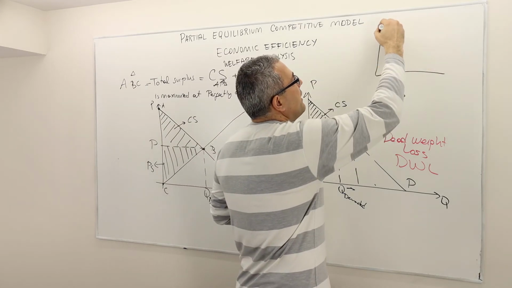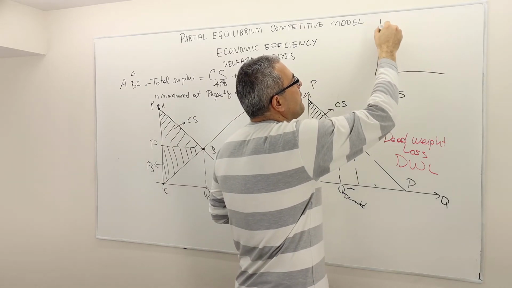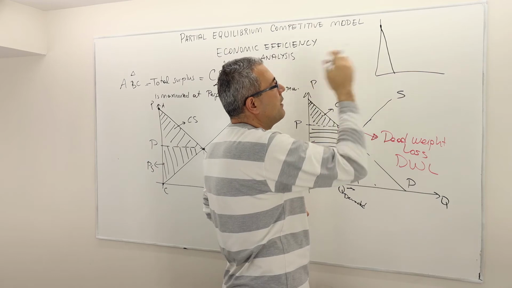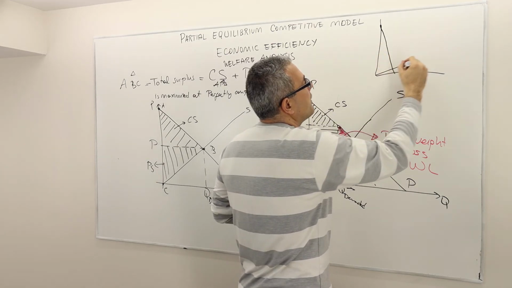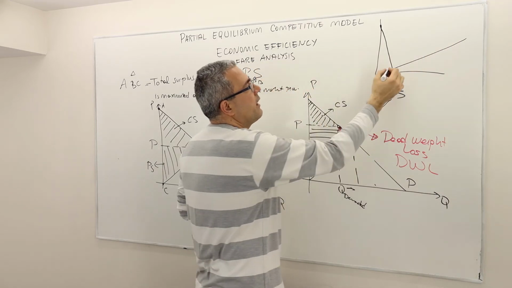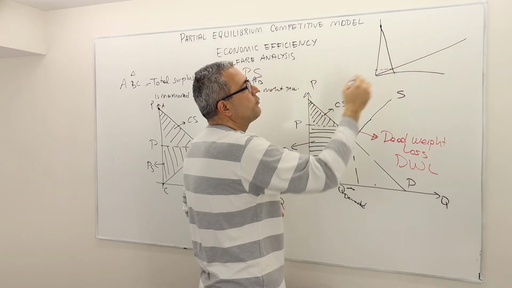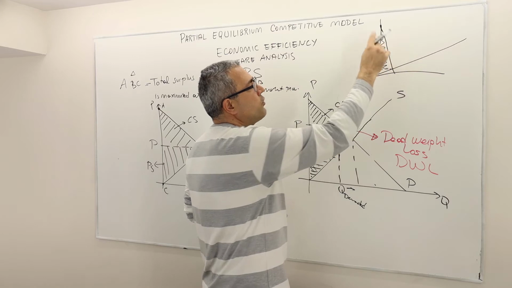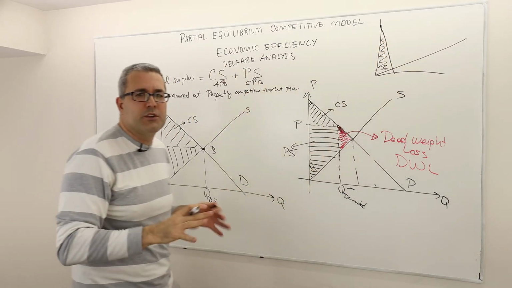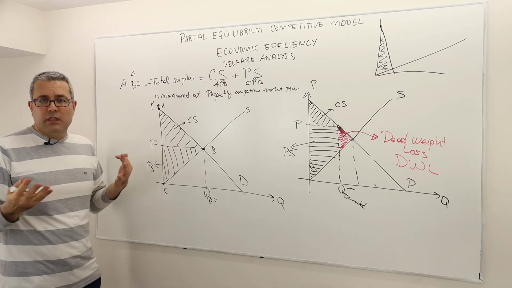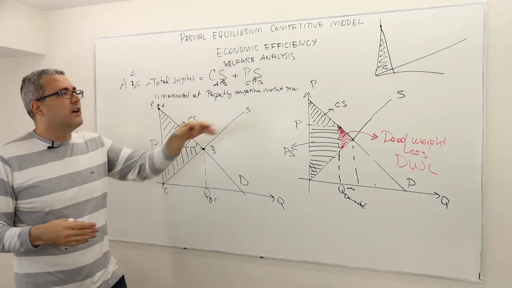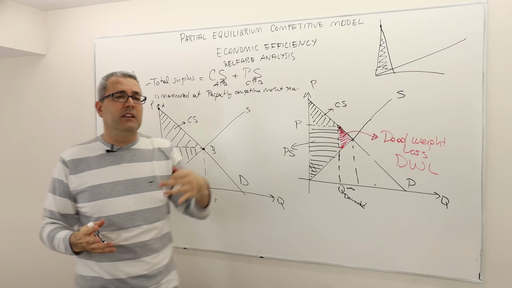For example, if we have a very, very inelastic supply curve, but some sort of very elastic demand curve, you see what I mean? So here, this is the equilibrium price. As you see, the consumer surplus is much larger than the producer surplus. So this cake is not going to be divided equally. It depends on the relative elasticity of supply and demand curves.